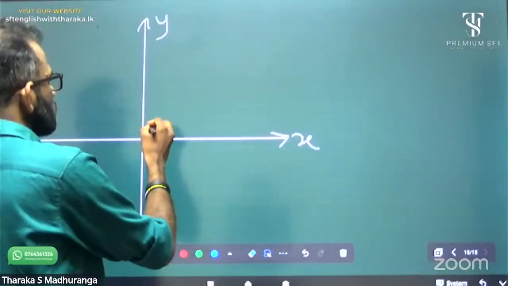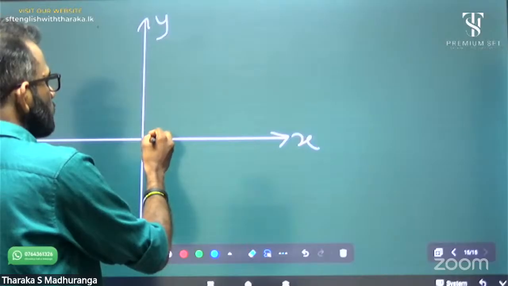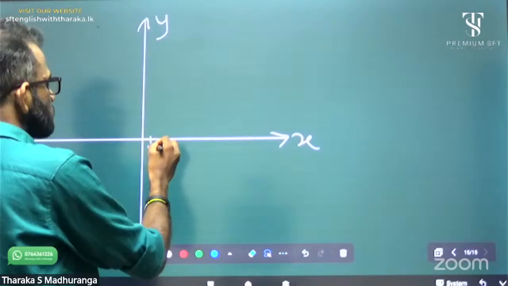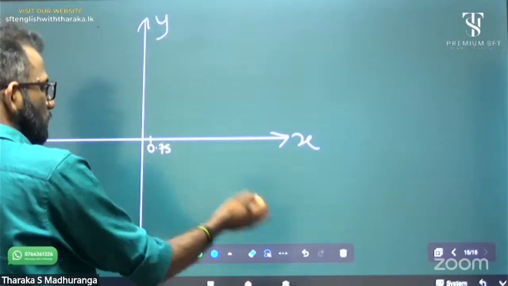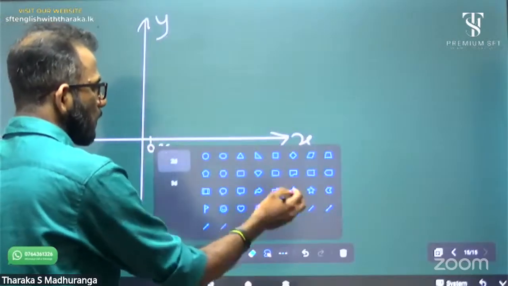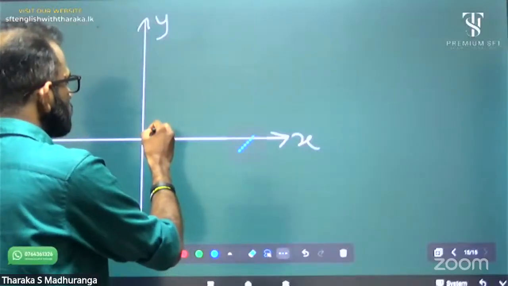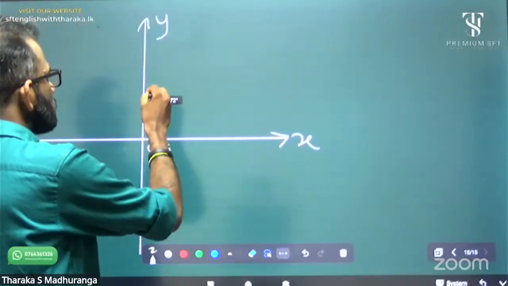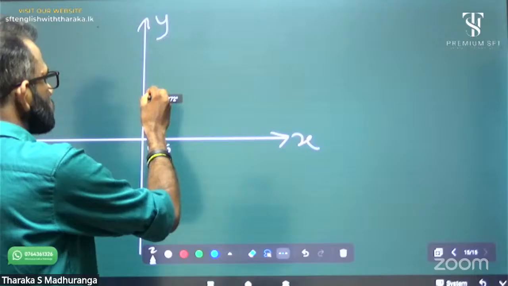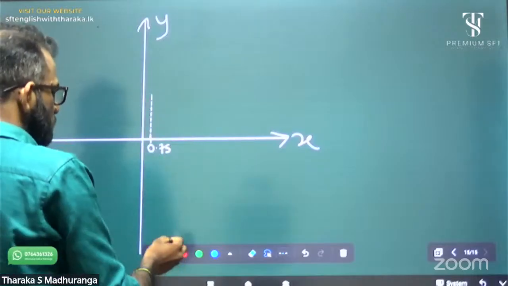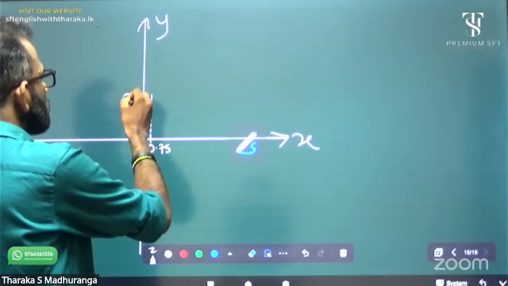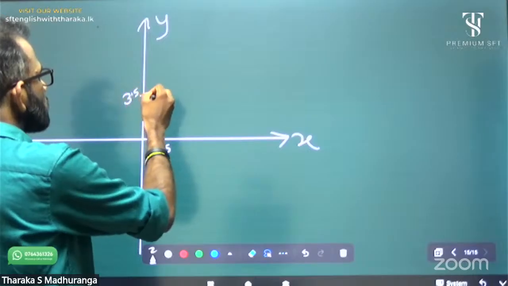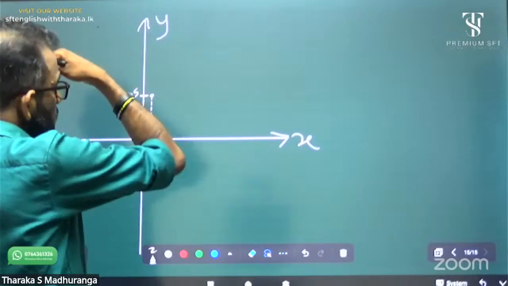This is 0.75, and this is 3.5. Okay, this is the turning point coordinates.